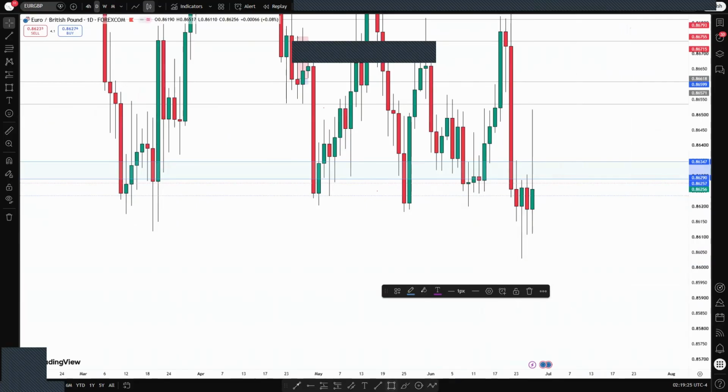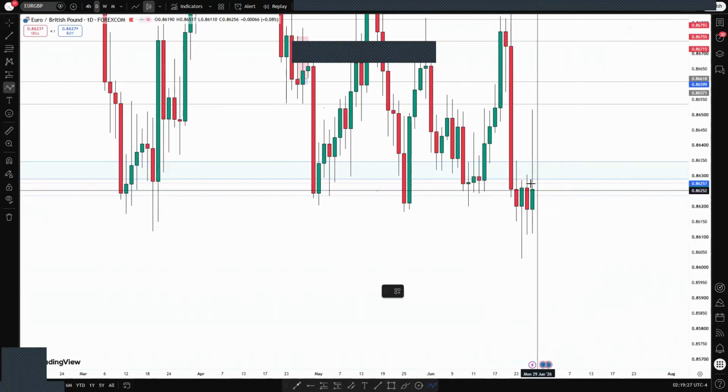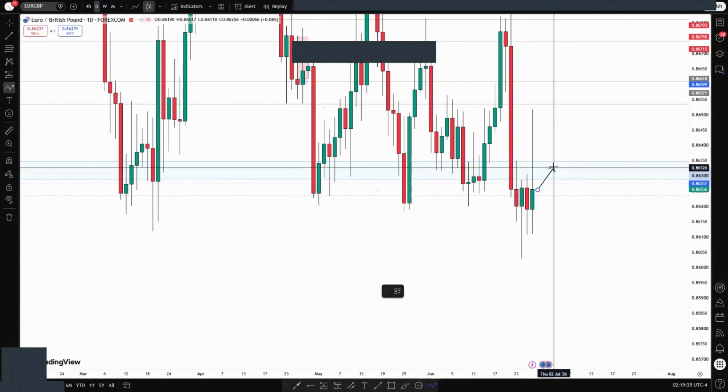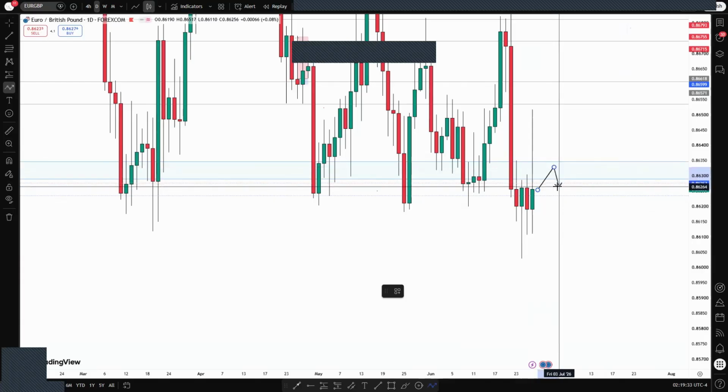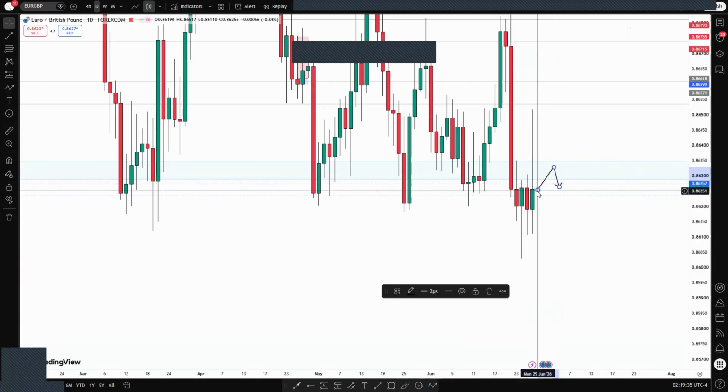I just need price to come back into this zone on the daily time frame and now reject strongly the bearish time frame.